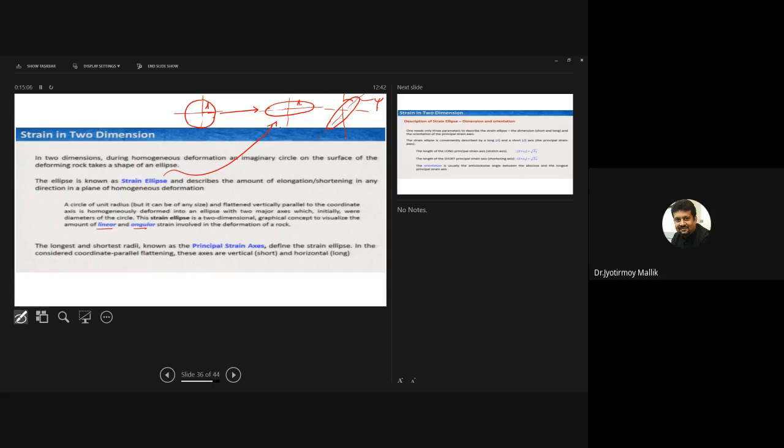The longest and the shortest radii, the principal strain axes, define the strain ellipse. So if I look at this strain ellipse, these two axes A and B would be my principal strain axes. In the considered coordinates, with parallel shortening, the vertical is the short axis and the horizontal is the long axis.